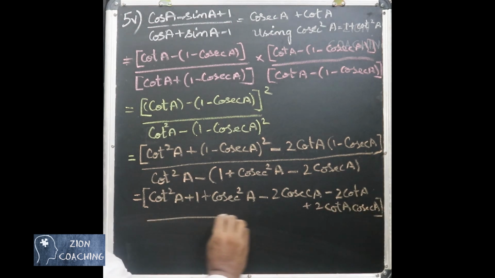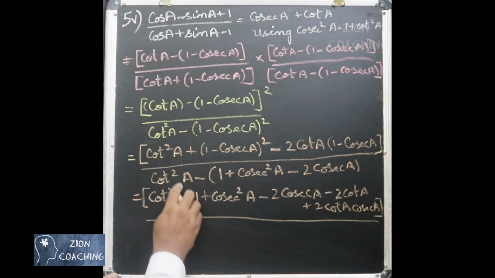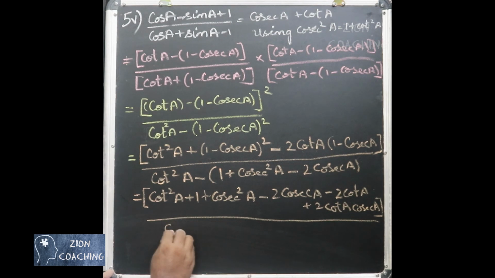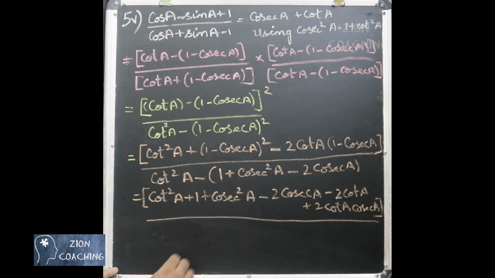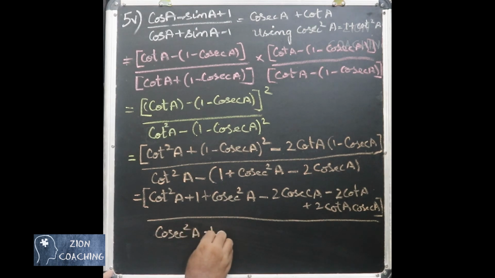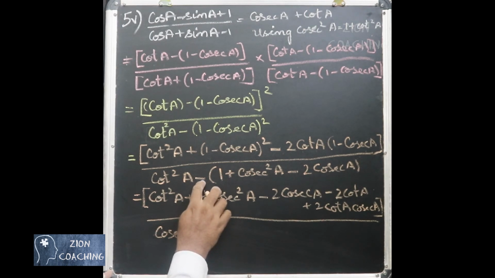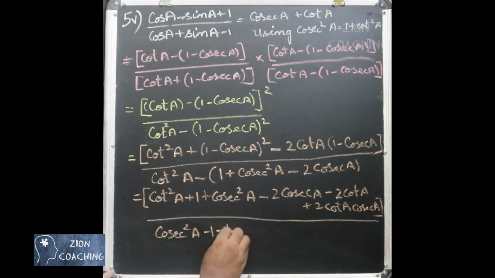whole divided by, here we are going to have cot squared A can be written as, we are going to use that identity, cot squared A is cosecant squared A minus 1. Then put this minus into 1 is minus 1.